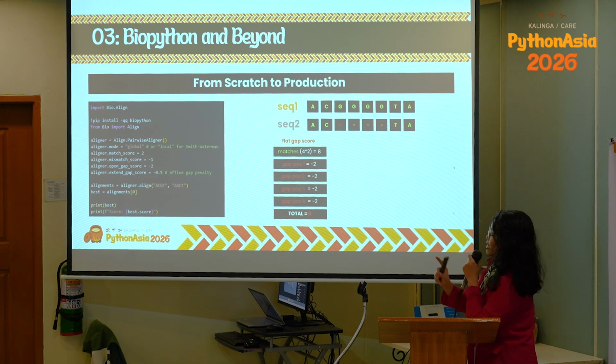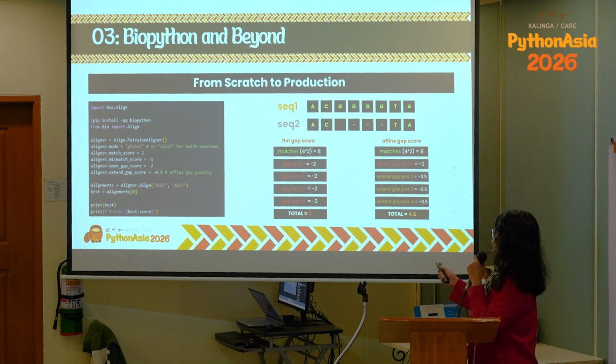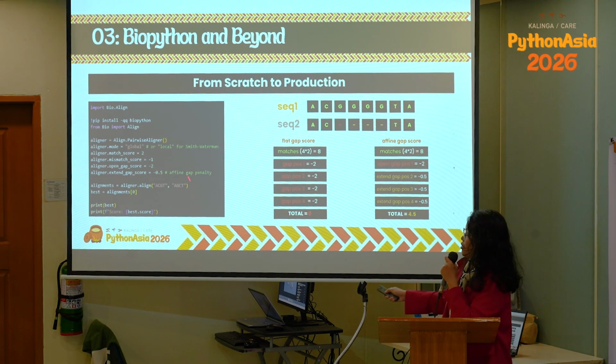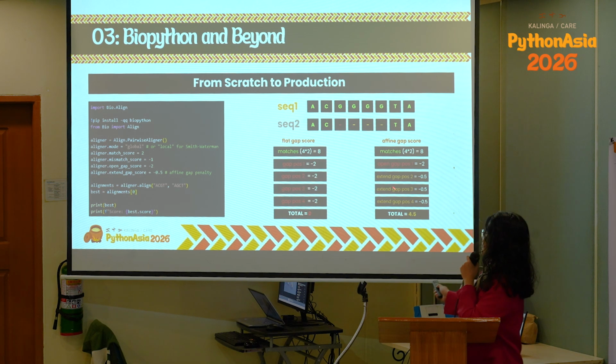With flat gap score, since we only have one gap score, each gap position here equates to -2. So it is more expensive because it is penalizing higher, since you're assuming that each gap here is -2. That is for the flat gap score. If you total this, you will get 0 as the alignment score. However, if you follow this BioPython usage, you can see we have the open and extend gap score.